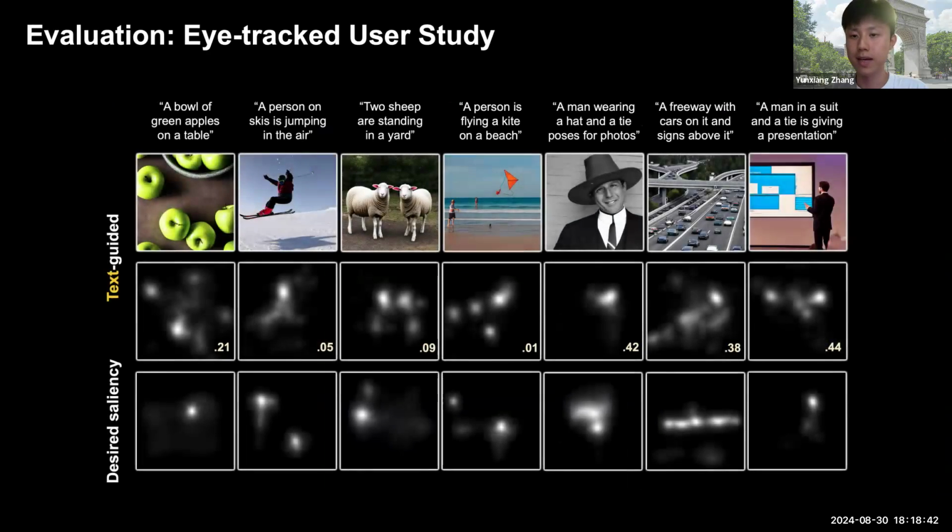Here are the results of 7 images randomly sampled from the 50 image set for the text-guided model. The first row shows the generated images. The second row shows the empirical saliency maps, or put another way, the achieved saliency distributions, which were computed by aggregating all participants' eye gaze scan paths on each image. And finally, the third row shows the desired saliency distribution.